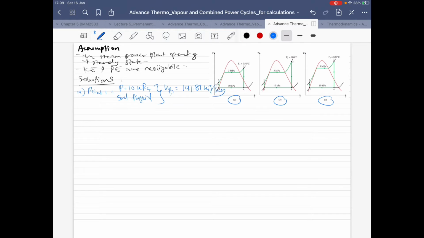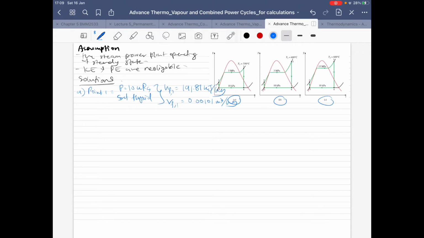And then we also better take the value for the specific volume as well. For the fluid 1, v1 is equal to 0.00101 meter cube per kilogram.